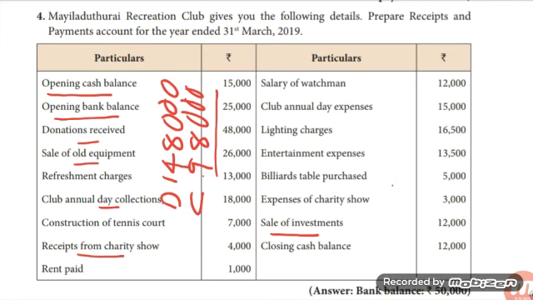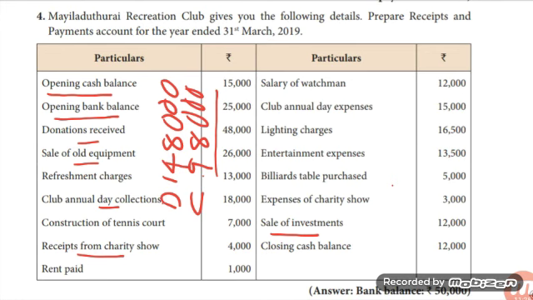Okay children, now we entered all expenses on the credit side. Then enter the closing balance as by balance carry down. Then cash, write the amount in outer column 12,000. Okay children, find the balance. Here debit side is greater than the credit side.